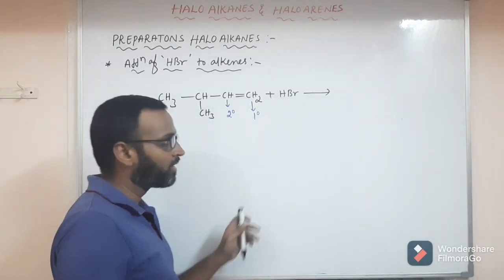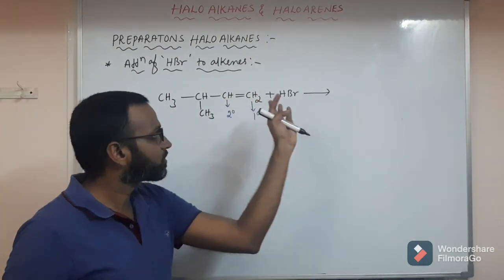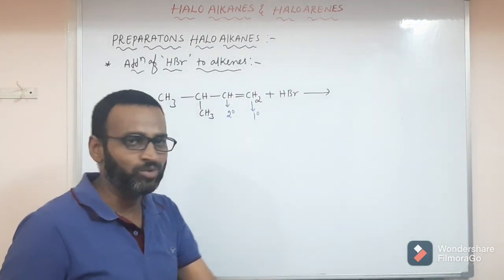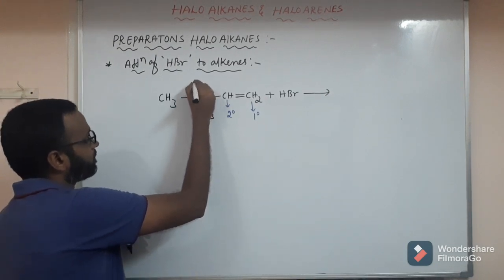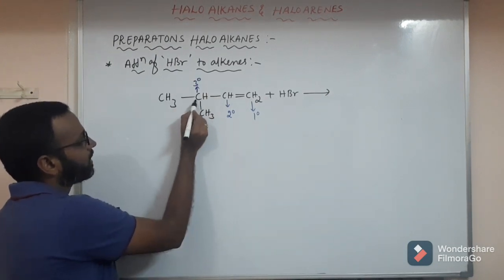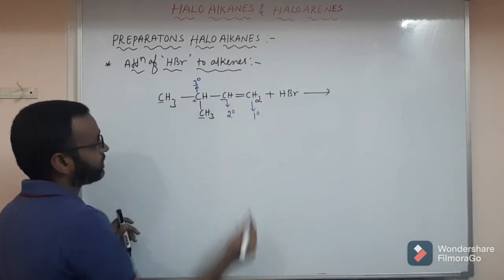Imagine just here, as the double bond is going to be removed after addition, this one is tertiary. Why tertiary? How many carbons are attached? 1, 2 and 3. So this is tertiary.